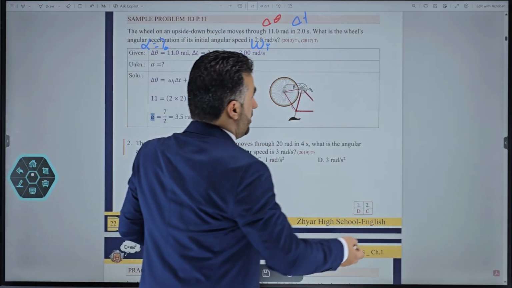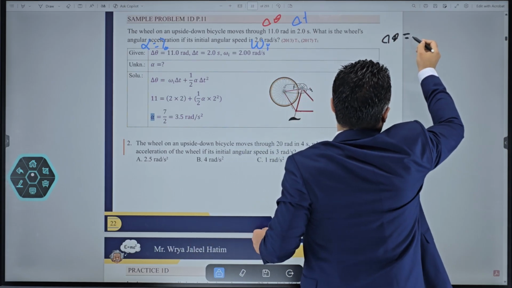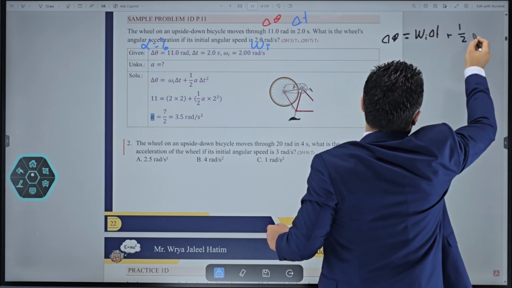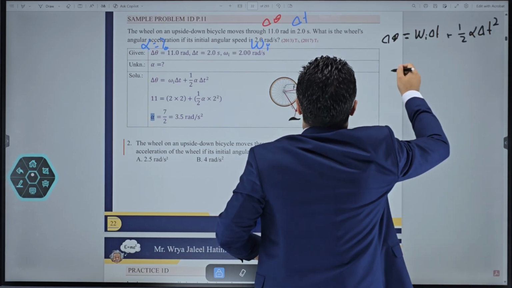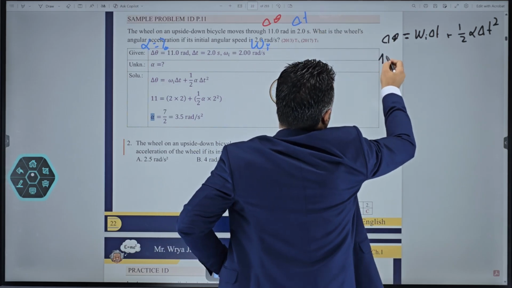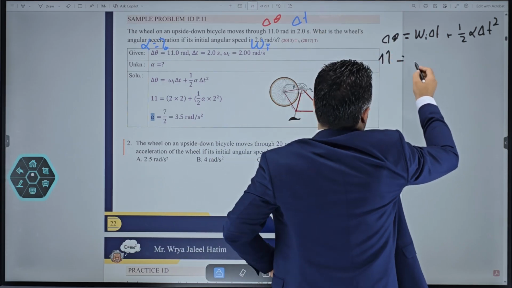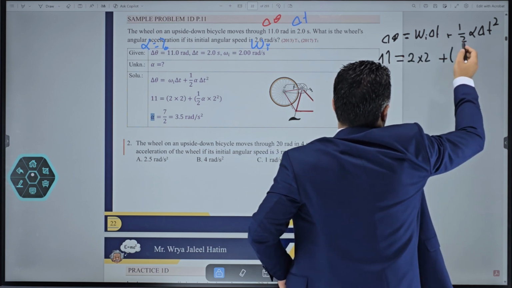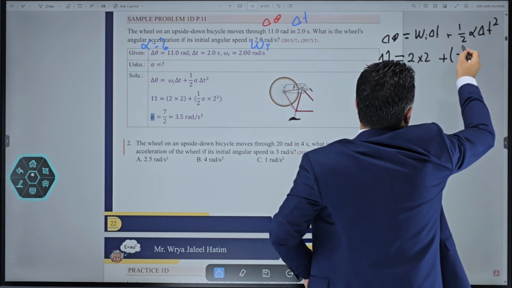So in order to use the third equation, we have delta theta equals omega initial delta t plus 1 over 2 angular acceleration delta t squared. So I have delta theta, it is 11 radian. It is equal to omega initial is 2, the time is 2 seconds, plus, we can use a bracket here, just so that we can separate this two. 1 over 2.